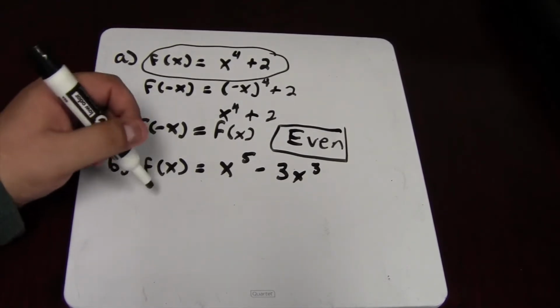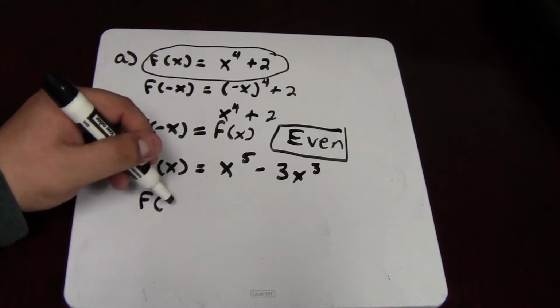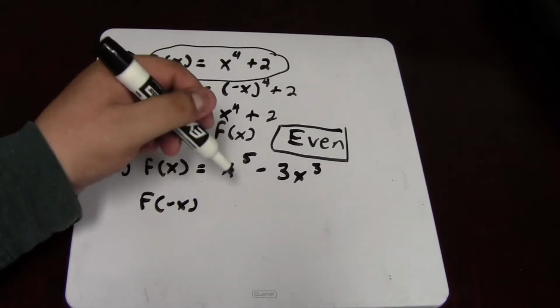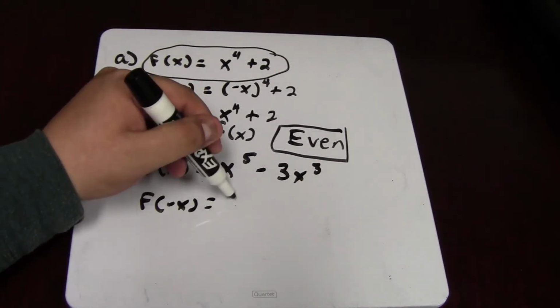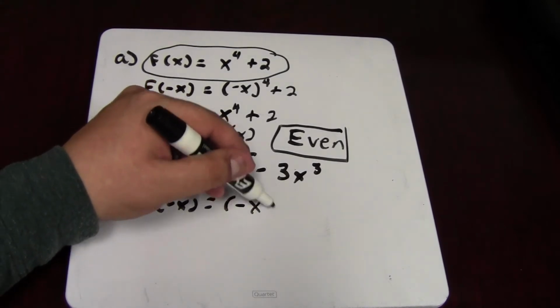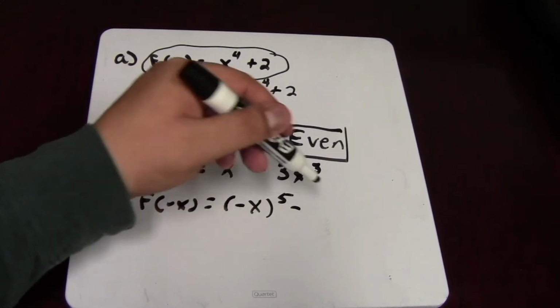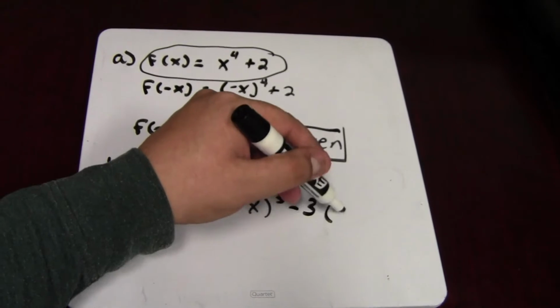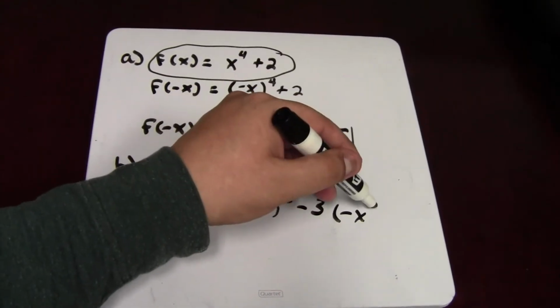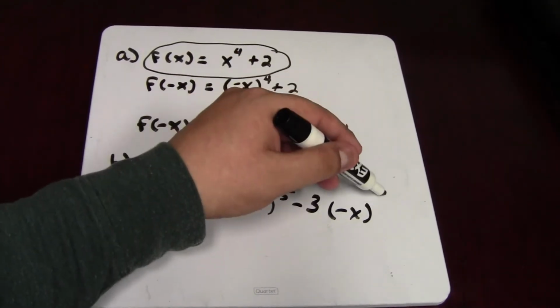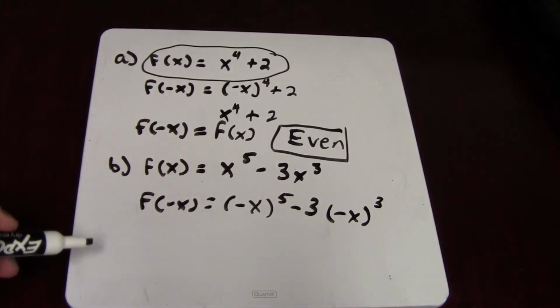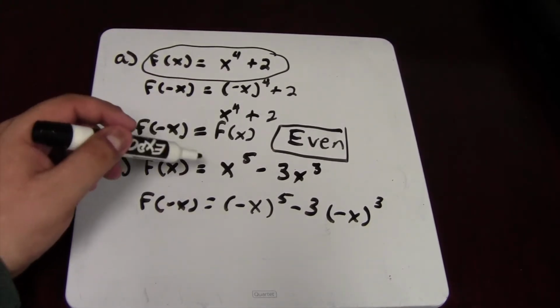Doing the same process as before, we're going to find f of negative x here. So I'm going to plug negative x everywhere I see an x. Okay, in doing this, we got to check our negative signs and see what happens here.